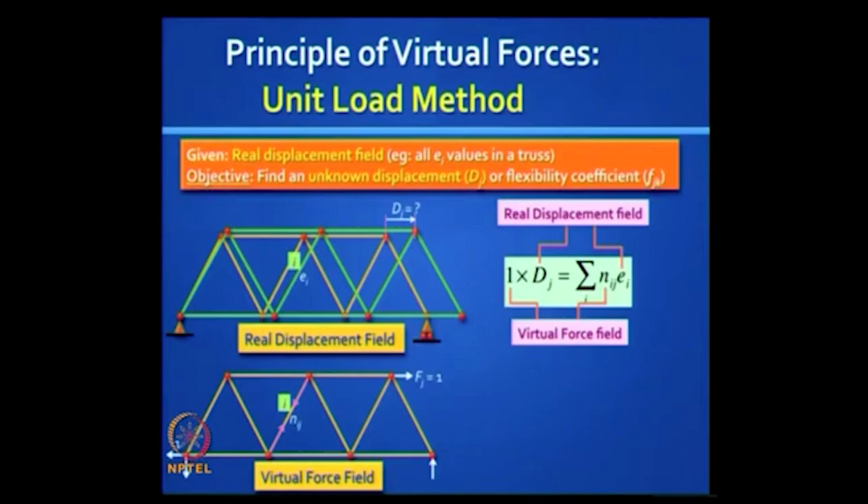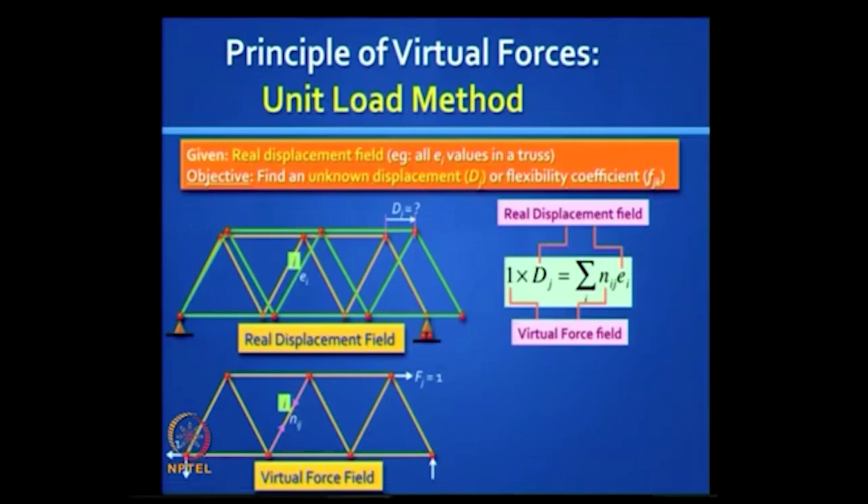Now that small nij is defined here as the axial force in the element i caused by Fj equal to 1. That is a notation we will use consistently, and ei is the elongation in the ith bar. Is it clear? Those arrow marks should make it clear.